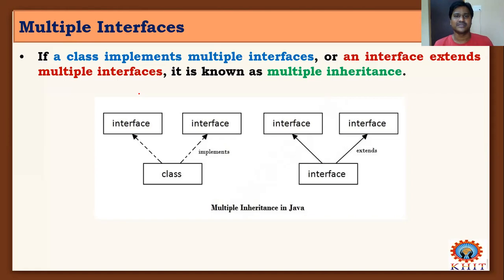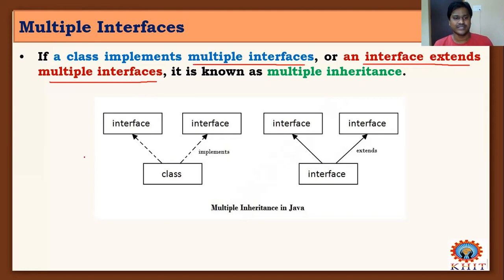That means a class is implementing the properties of more than one interface. That comes under this concept, right? If a class implements multiple interfaces, or an interface extends multiple interfaces. Both points we already discussed.